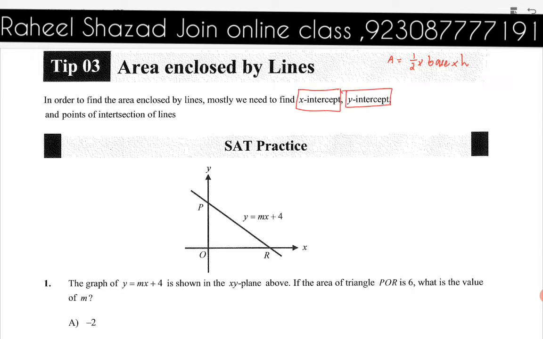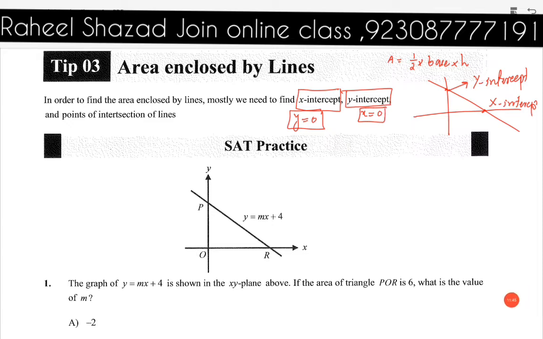The x-intercept is the point where any line cuts the x-axis, and the y-intercept is the point where any line cuts the y-axis. This is the y-intercept. In order to find the x-intercept, we put y equal to 0 in the equation, and in order to find the y-intercept, we put x equal to 0 in the equation.